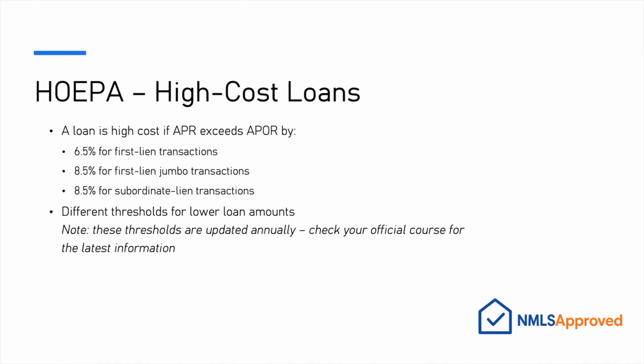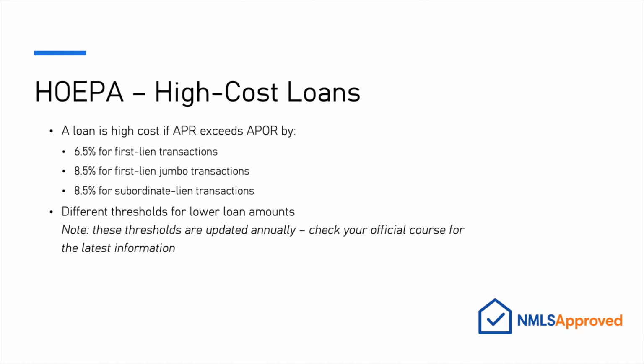Now, we'll start with high cost loans. A loan is high cost if the APR of the loan exceeds the APOR, the average prime offered rate, by a certain threshold. If it's first lien, it's going to be 6.5%. If it's first lien jumbo, 8.5%. And if it's a subordinate lien transaction, it's 8.5%.